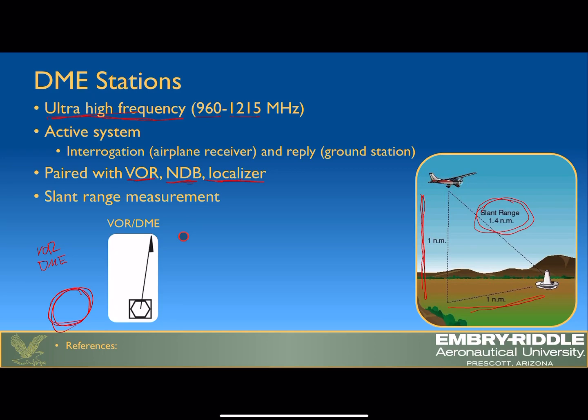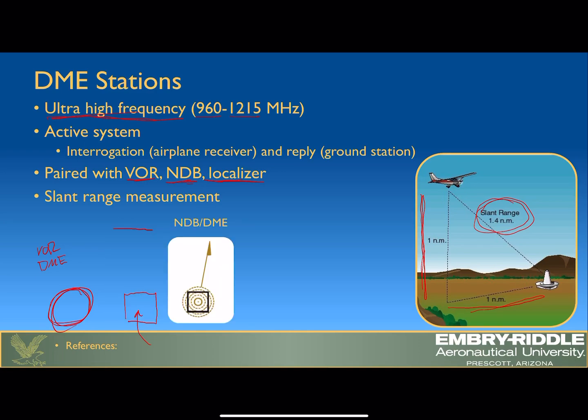Then there's also VOR with DME. Remember, VOR with DME, we have the symbol for the VOR, and around that is a box. When you see that box around the VOR, that gives us VOR DME. Then there's also an NDB with a DME. And remember, we've talked a little bit about the NDB. That is a non-directional beacon. On the low en route chart, we get these rings of dashed circles.